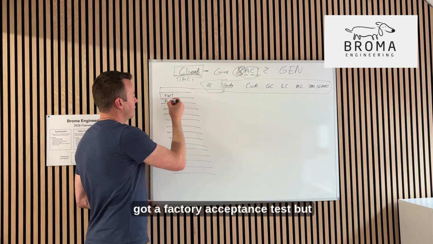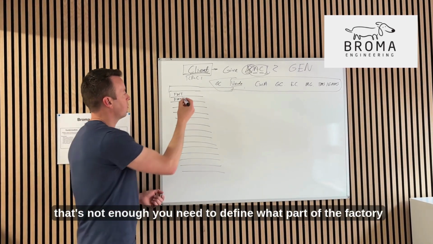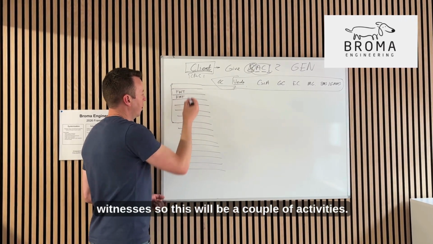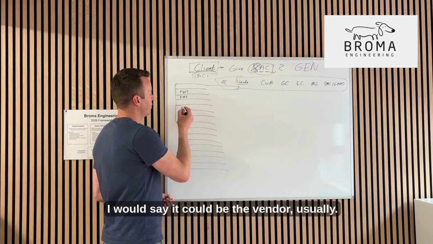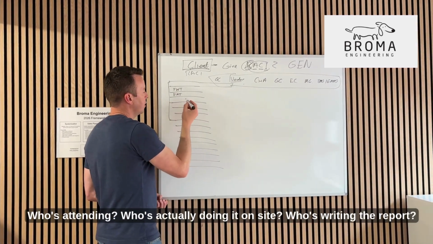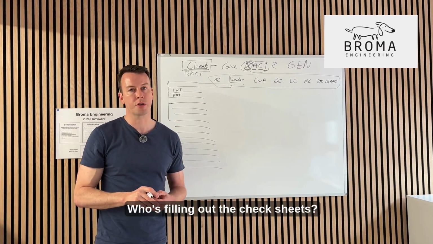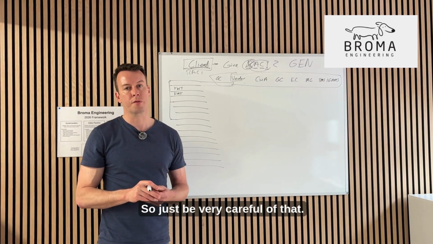I could have a factory acceptance test, but that's not enough. You need to define what part of the factory witness test, so that this will be a couple of activities. Who's planning the factory witness test? I would say could be the vendor, usually. Who's attending, who's actually doing it on site, who's writing the report, who's filling out the check sheets. It can go on and on and on. So just be very careful of that.